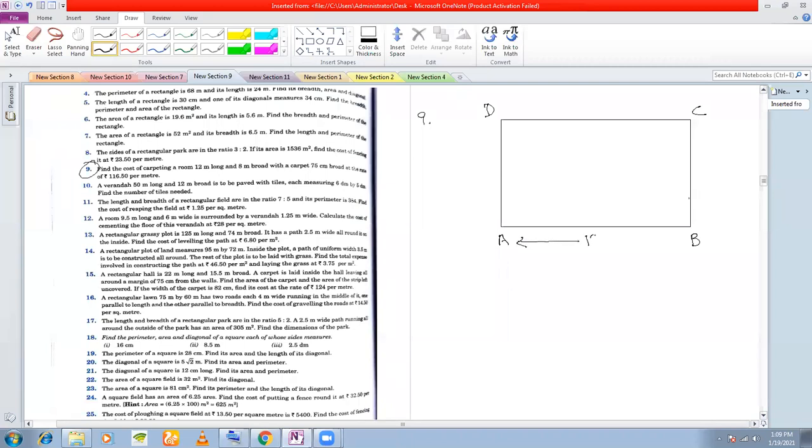It is given to be 12 meters. And what is the breadth? 8 meters. With a carpet 75 centimeter broad at the rate of 116 per meter.